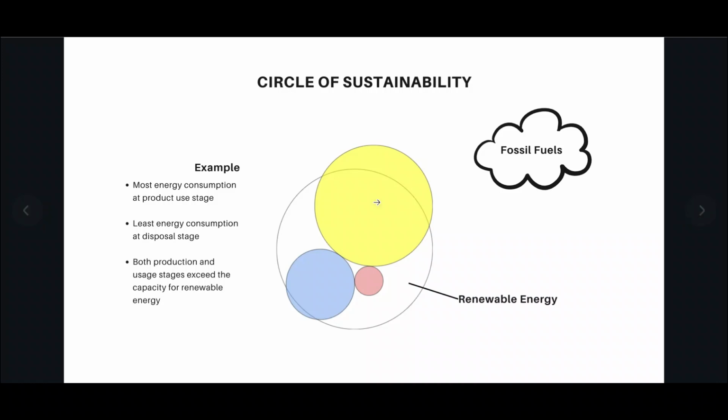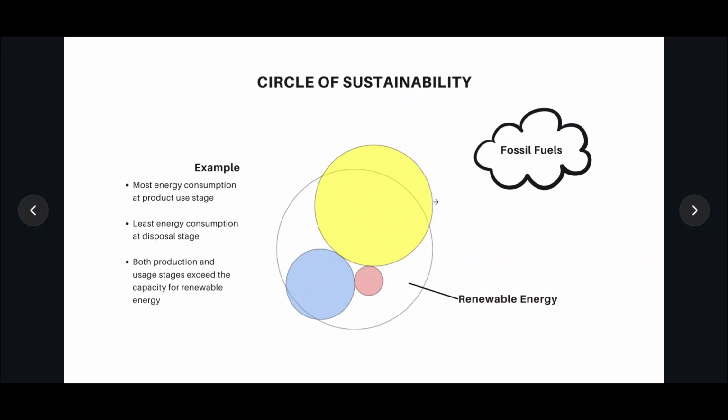So in this case, the most energy consumed is at the product use stage. The least is at the disposal stage, and you can see that both the product use stage as well as the production stage stick out of the circle of sustainability.